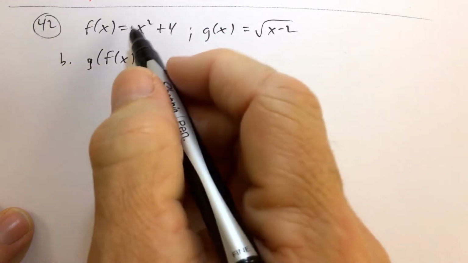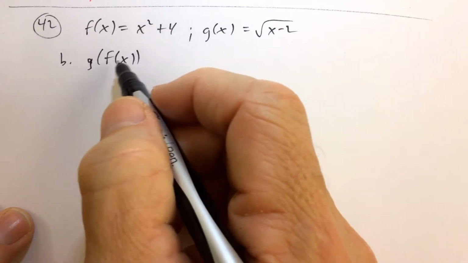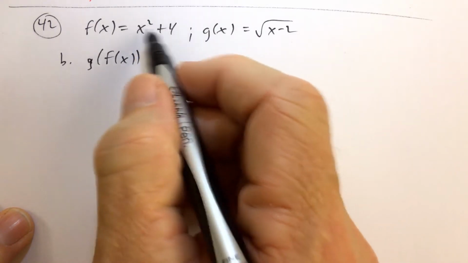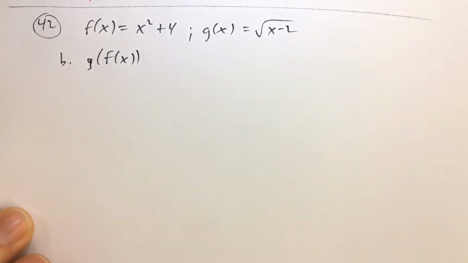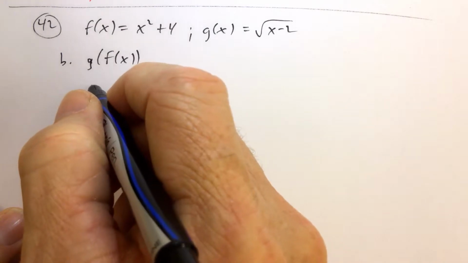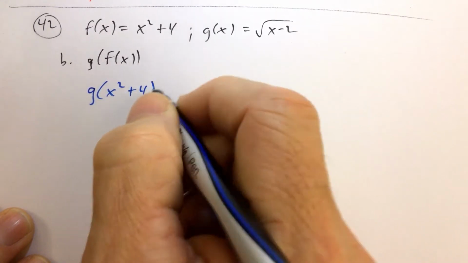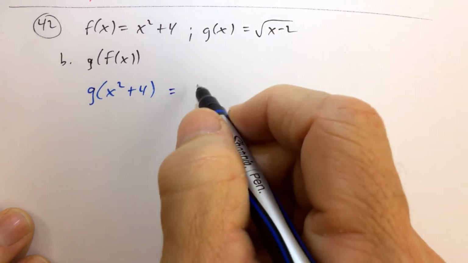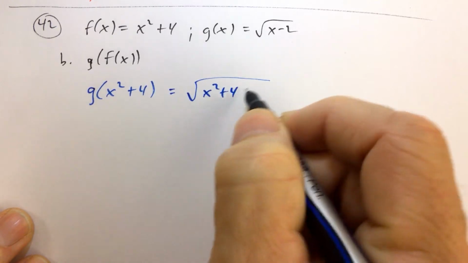Well, since f of x, being the inner function, is a polynomial, we see we have no exclusions on x. So now all we're doing is trying to figure out if, after plugging in f of x into our g function, we are going to get any exclusions.